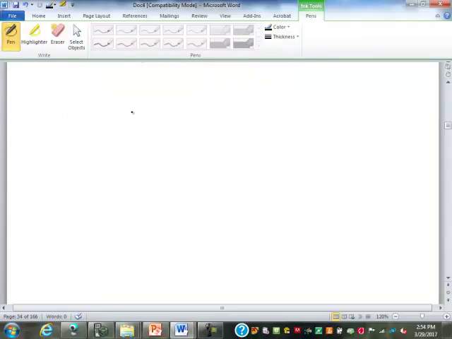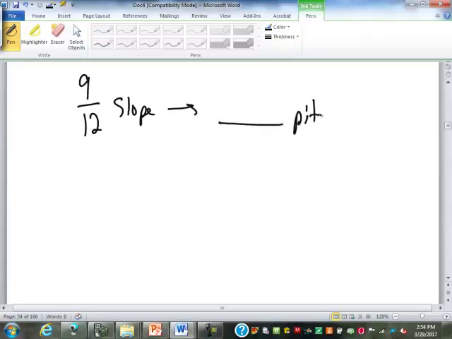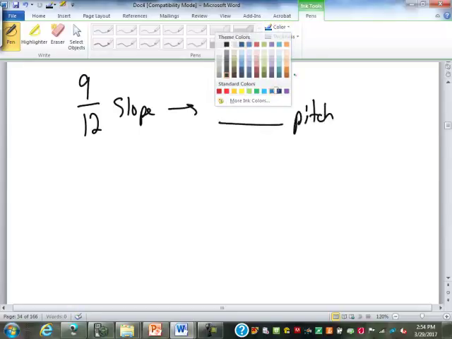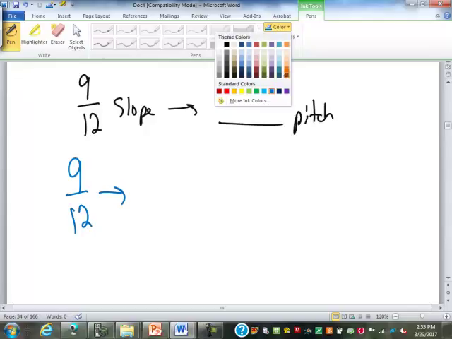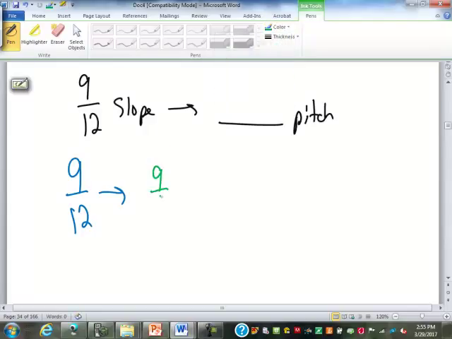So what if we have a, oops, gotta keep going the right way. Let's say we have a 9/12 slope. And we want to convert it into an equivalent pitch. Well, we're going to take our 9/12, and what are we going to do to it? 9 over 24, good.